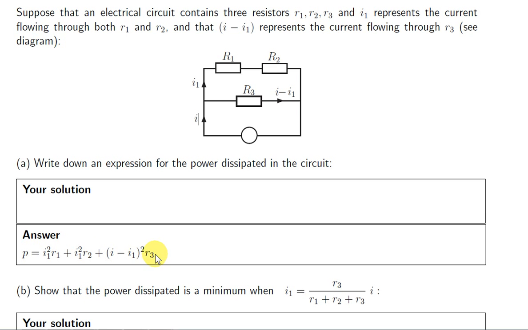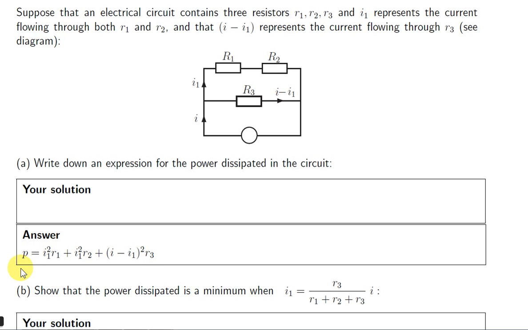So in this expression here, I1 is the independent variable. Everything else is a constant. P is the dependent variable. So we want I1 in terms of the constants, such that P is minimized.